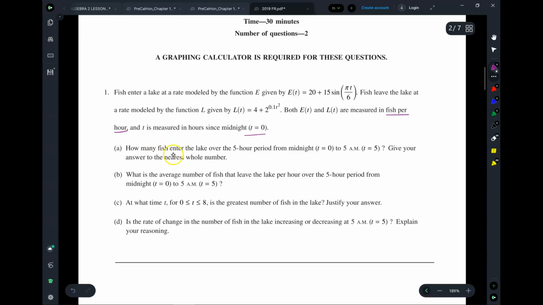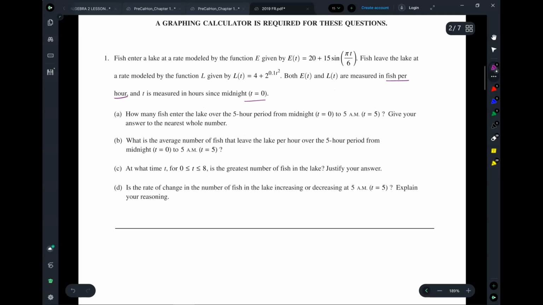How many fish enter the lake over the 5-hour period from t equals 0 to t equals 5? For this, we're going to integrate. How many enter the lake? We're going to integrate from 0 to 5, E of t dt. So let's go ahead and put that in our calculator.